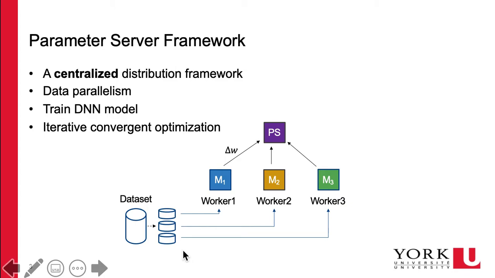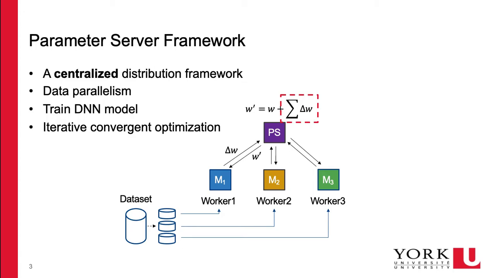The gradient is sent from the worker to the parameter server. The parameter server aggregates all the gradients, then does the weight update. When the model is updated, the new model is sent back to each worker. That completes an iteration, and the new iteration starts.